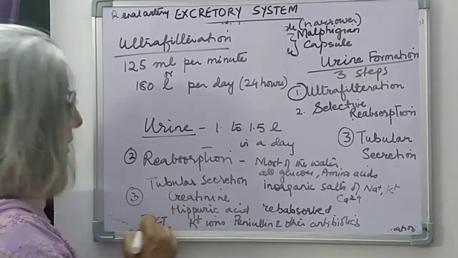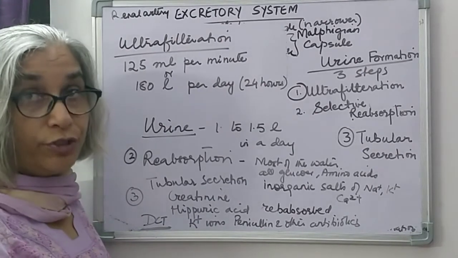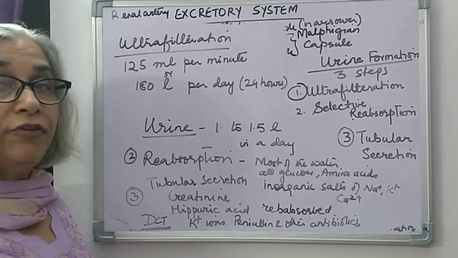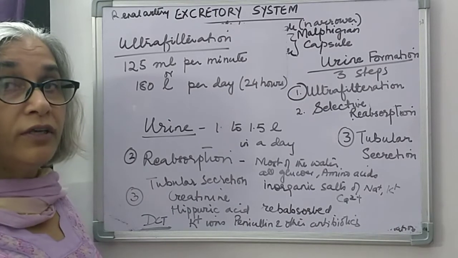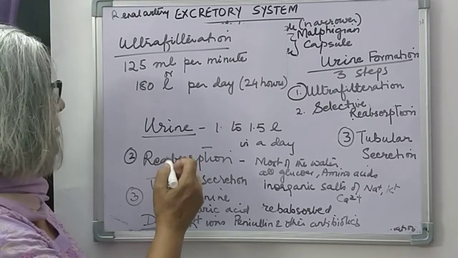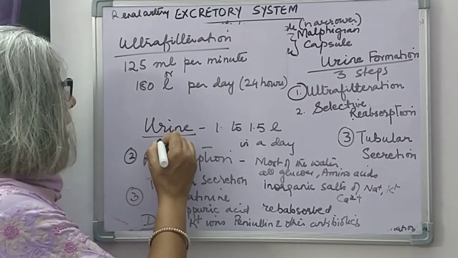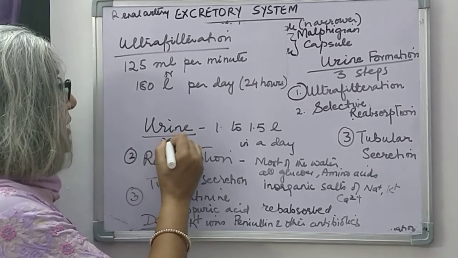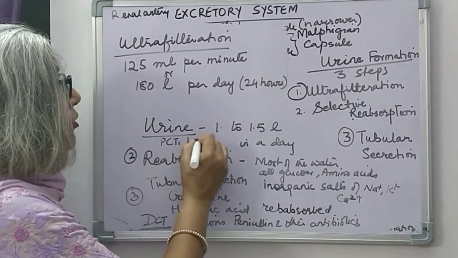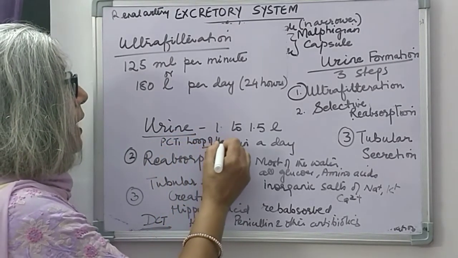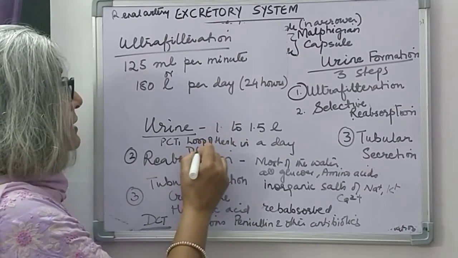Tubular secretion occurs in the distal convoluted tubule region of the nephric tubule. Whereas reabsorption takes place in PCT region, in loop of Henle, and even in DCT.